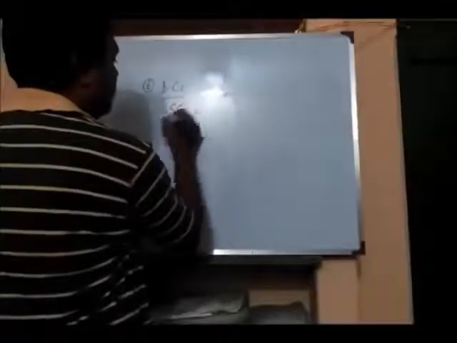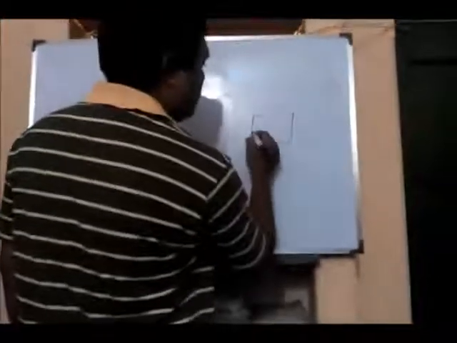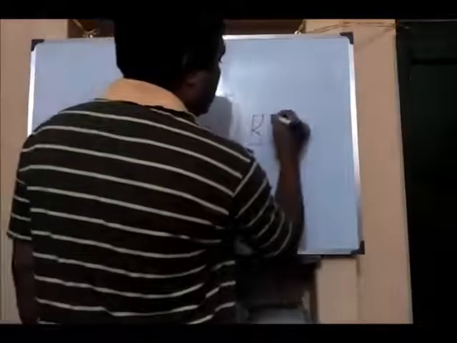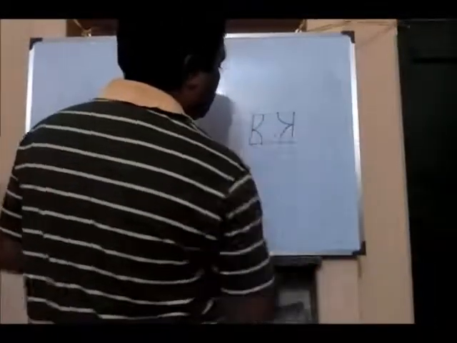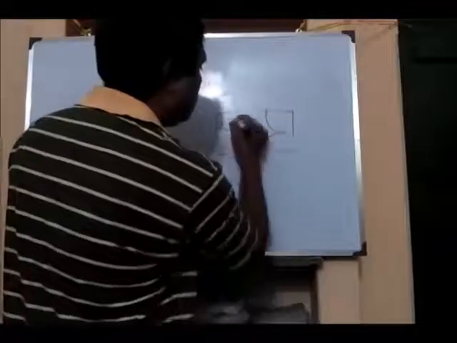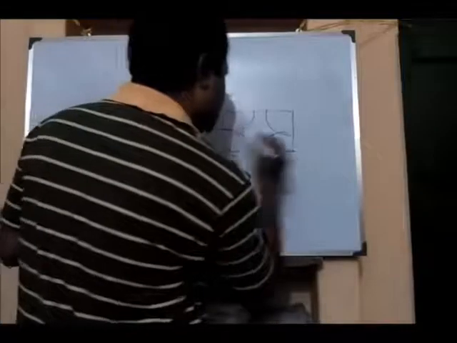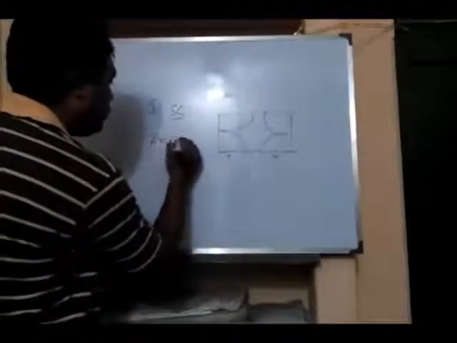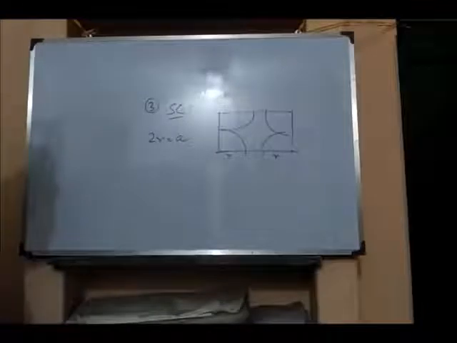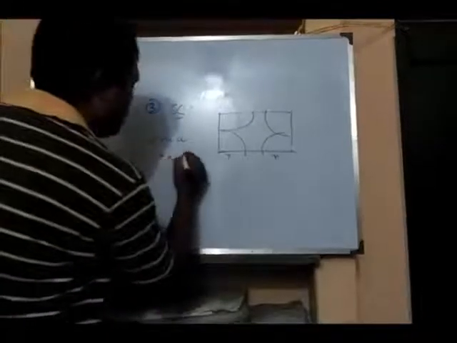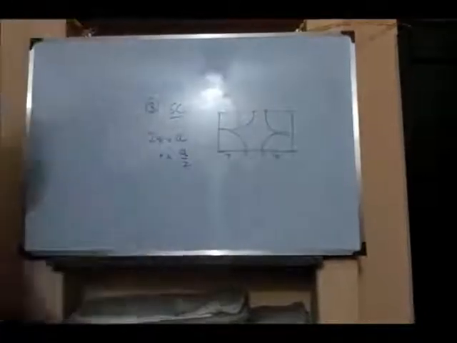Now, if you assume the packing factor of simple cubic, this is basically simple cubic, and each corner has an atom of this kind. Now this is R, this is R. So 2R equals a for simple cubic. So R equals a divided by 2.